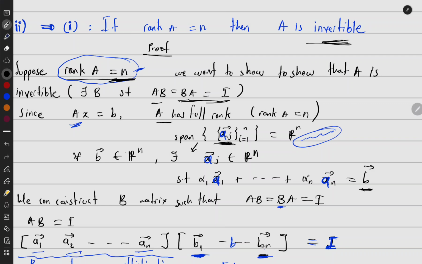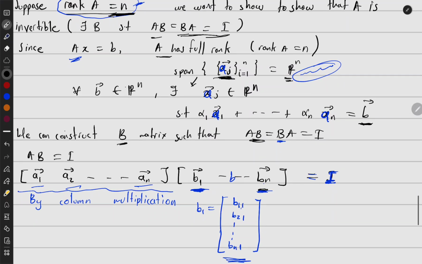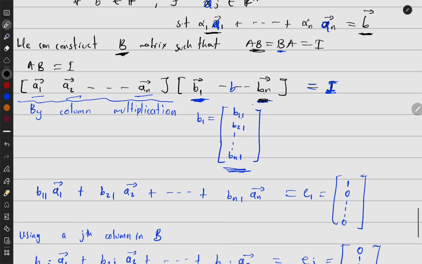The columns of matrix A can span Rn, meaning that when I want to multiply A times B to give me I, I can construct the matrix B myself by writing each of the columns in B as a linear combination of the columns in A. So that's how I got this B. And when you use column by column multiplication of this and this, you find that I can get each of the columns in the identity matrix.